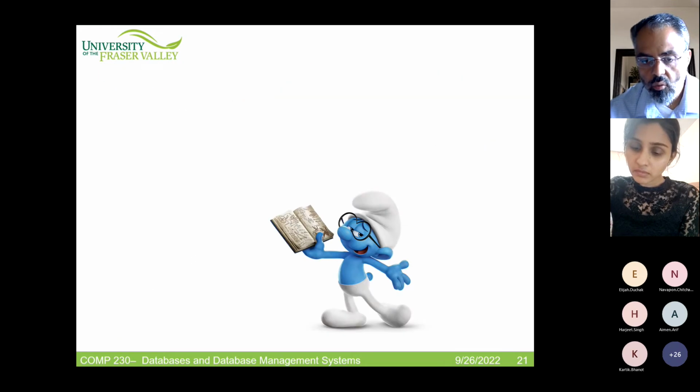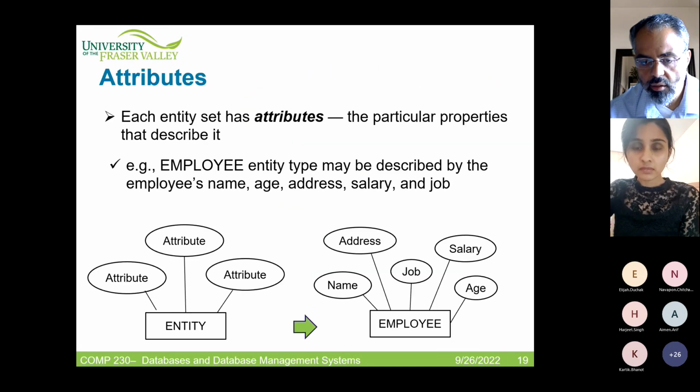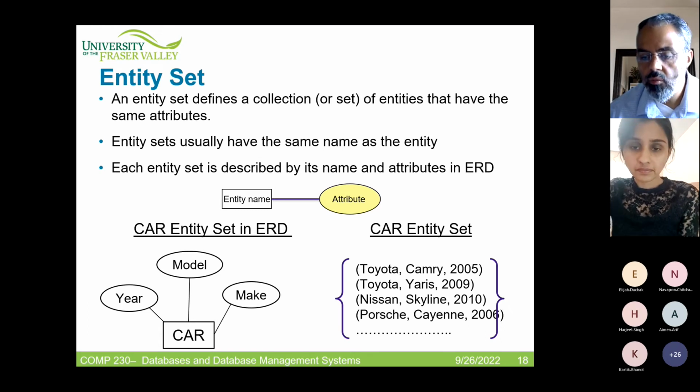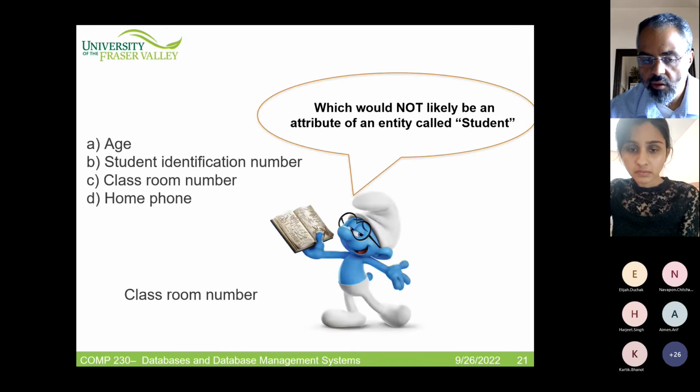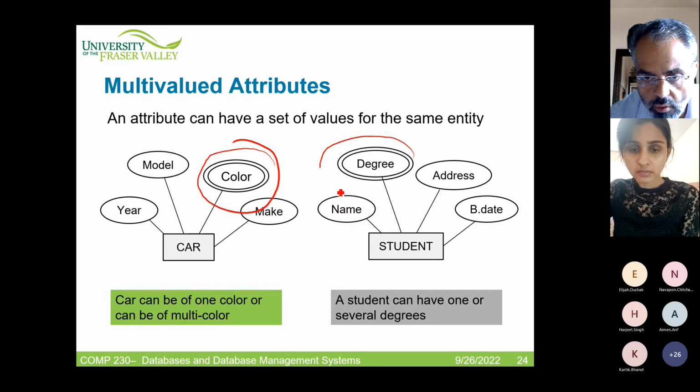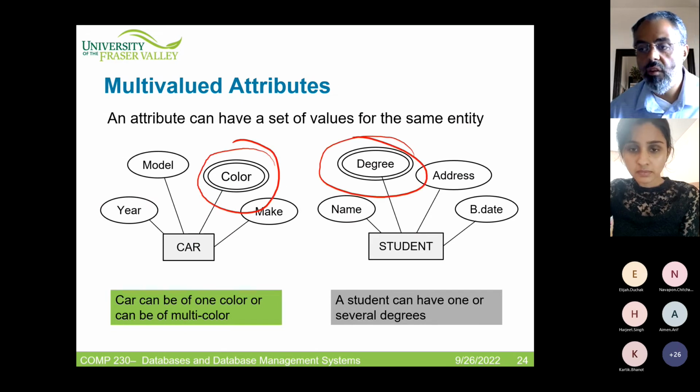Like here, Toyota Camry 2005: I have a Toyota Camry 2005 red, a Toyota Camry 2005 blue, a Toyota Camry 2005 yellow. So for the same instance, I will have, for this multi-value attribute, more than one value.